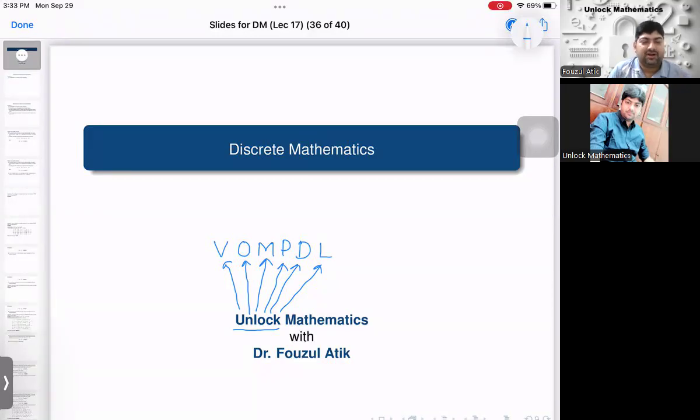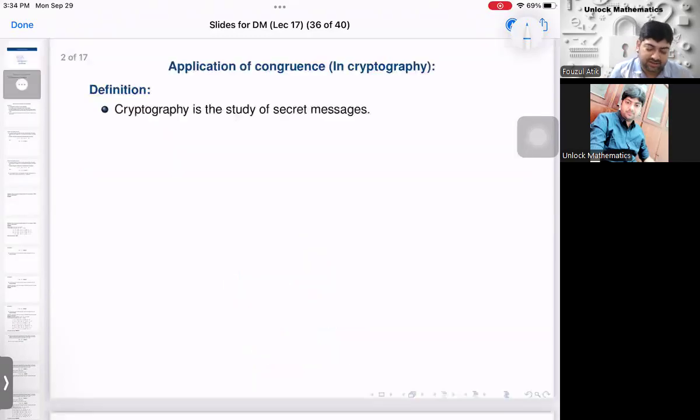Now, I have done this as a very easy encryption, but you can make it a very difficult encryption with the help of congruence. I will let you know how to do that.